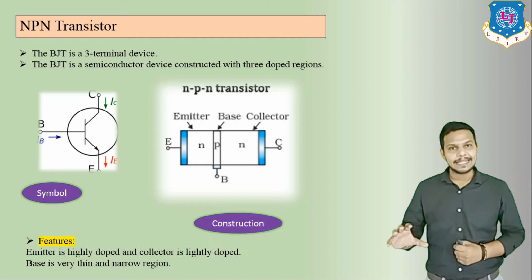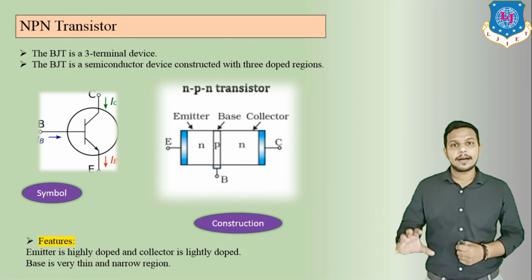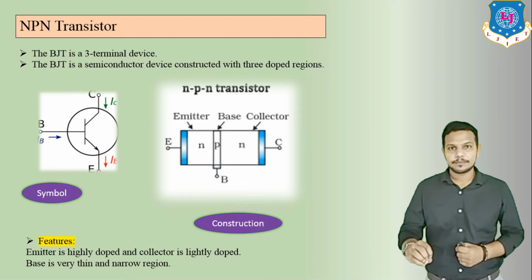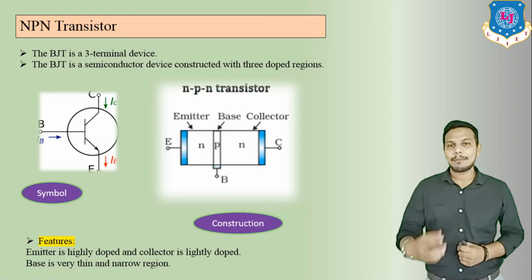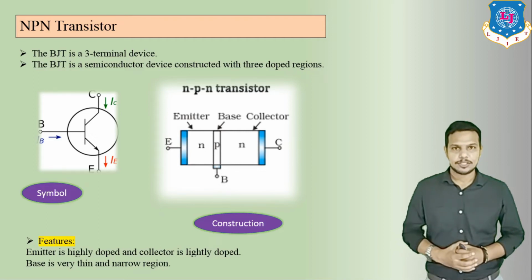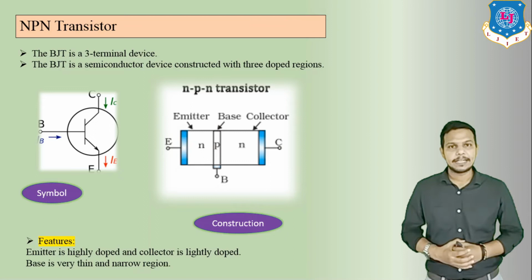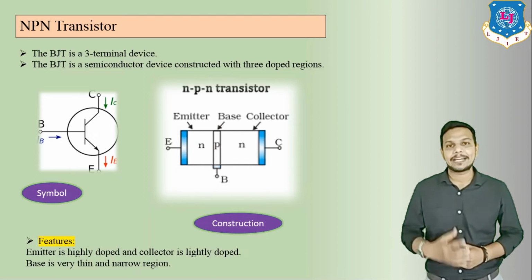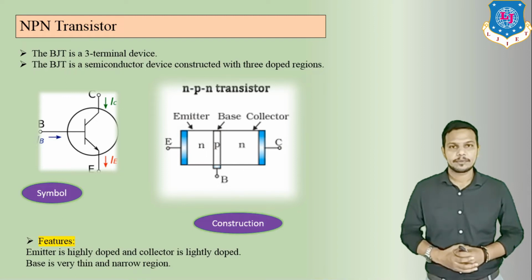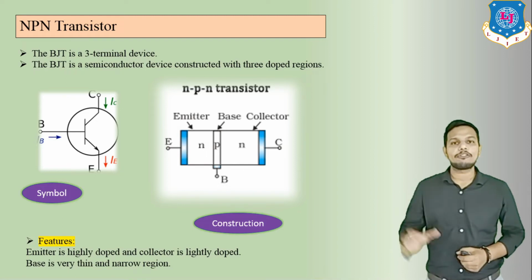In N-type material, electrons are the majority carrier charges and holes are the minority carrier charges, whereas in the base the majority carriers are holes and the minority carriers are electrons. Similarly, in the collector the majority carriers are electrons and the minority carriers are holes. So this is the construction of the NPN transistor.